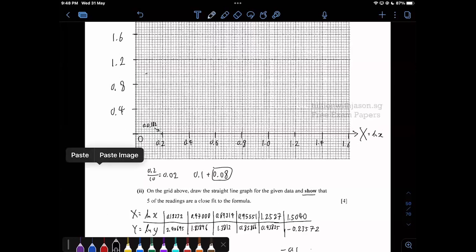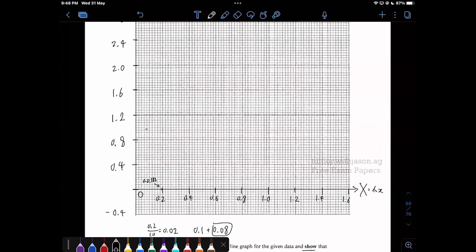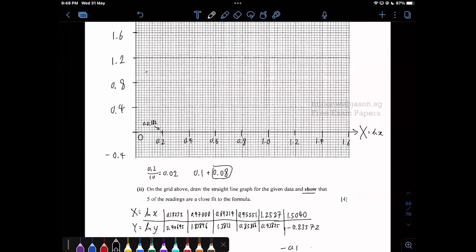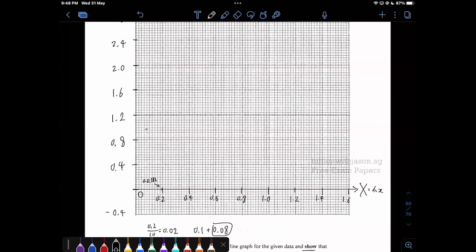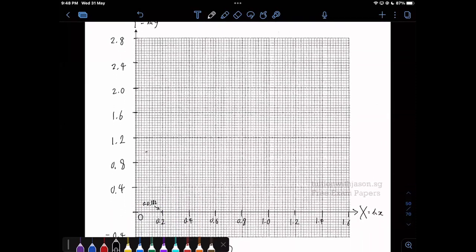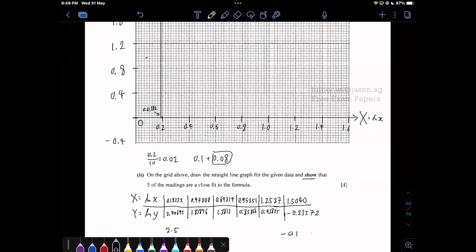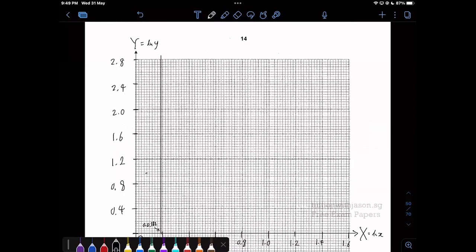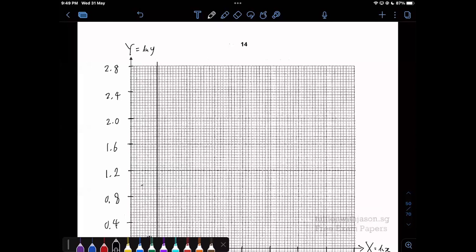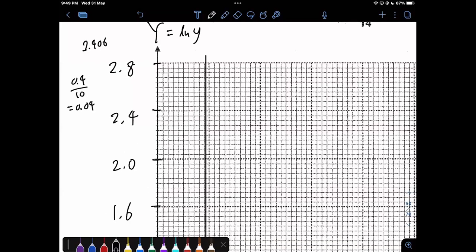Let's see. So where is 2.4? 2.406. This particular value here, 2.406. Let's see. 2.4. And to draw, take a ruler and move it upwards like this. Okay, roughly. Here the distance is 0.4 for 10 tiny boxes, so it's 0.04 for each tiny box. 2.4 is over here.